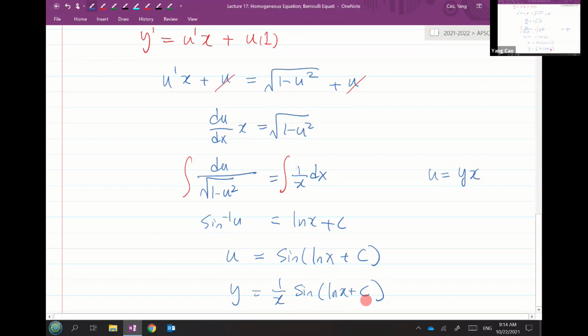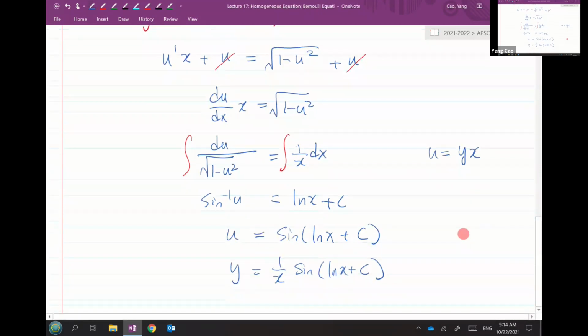Okay. What's that? u equal to y over x, right?